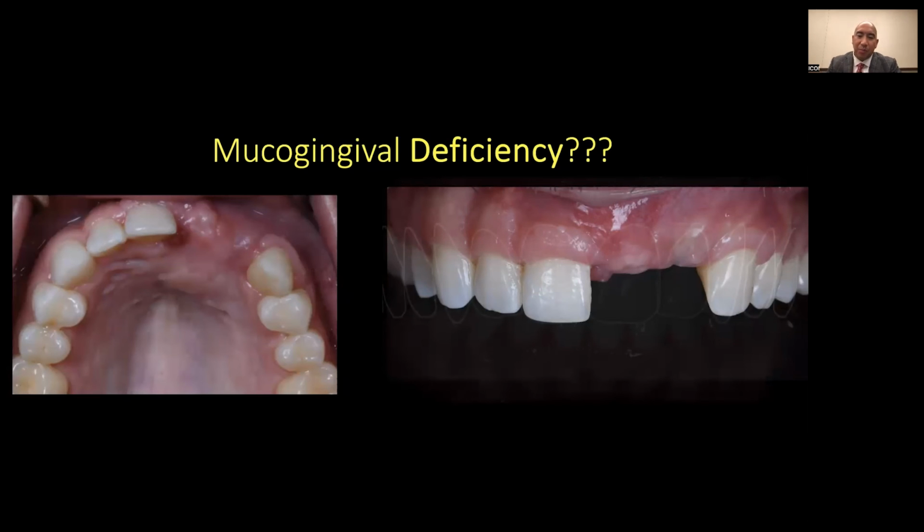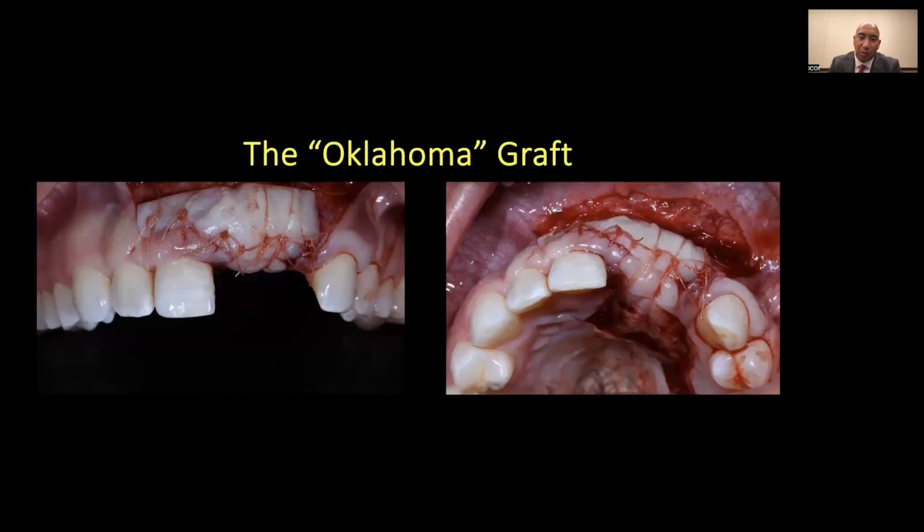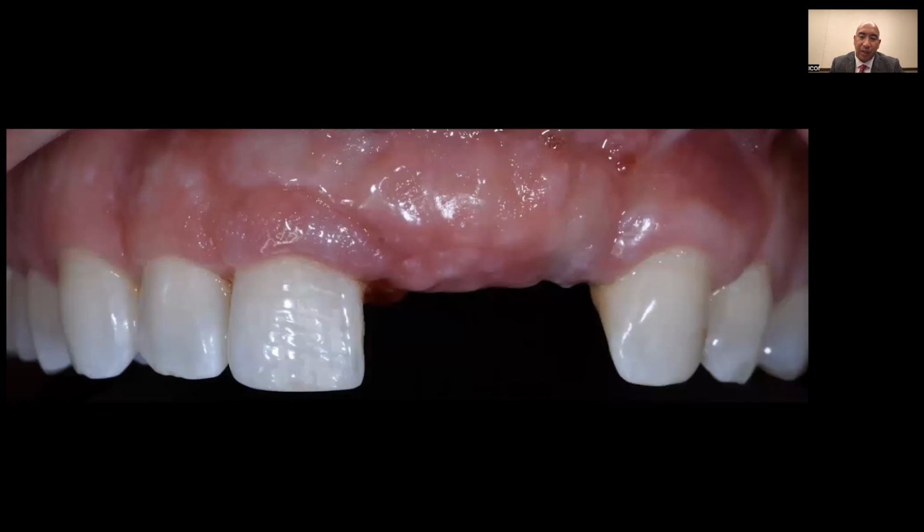So we ended up utilizing that tissue that he was complaining about, in what I jokingly call the Oklahoma graft, and we placed it over the mucogingival deficiency so that we can build up some more thickness and keratinized tissue, and here you are.